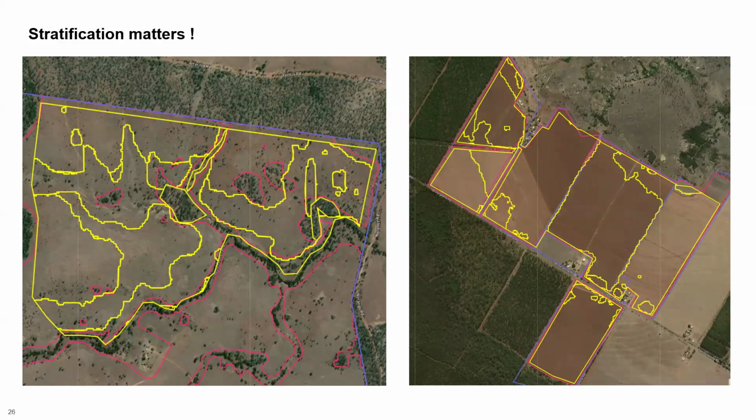The estimation of the soil carbon is discounted based on the variance of the soil samples, right? So you must ensure that your strata are as consistent as possible in their soil content.